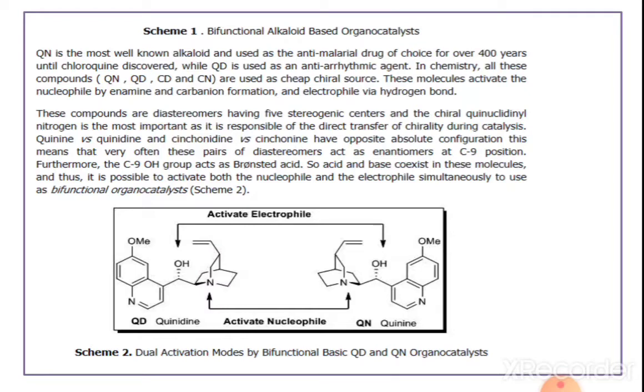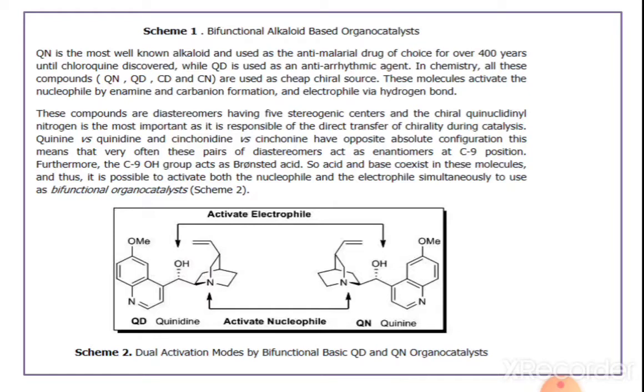At the C9 position, that means here the C9 OH group, it acts as a Bronsted acid, which gives H plus. So acid and base coexist in this molecule, and it is possible to activate both the nucleophile and the electrophile simultaneously, to use as a bifunctional organocatalyst.